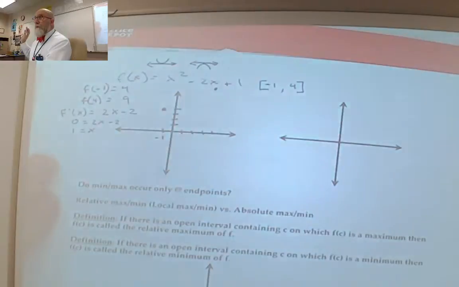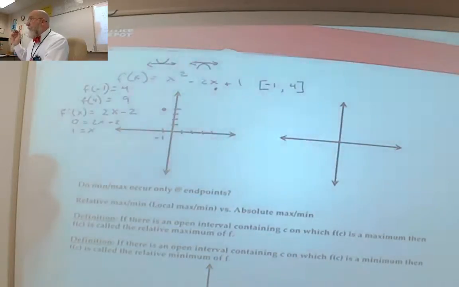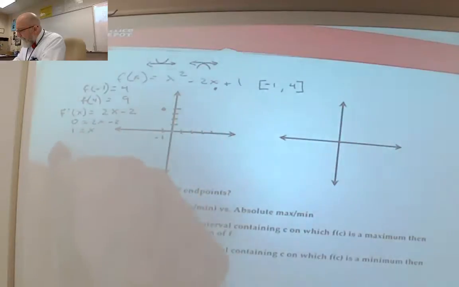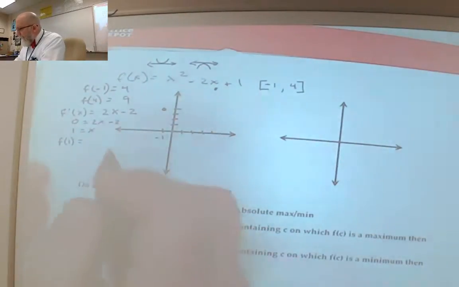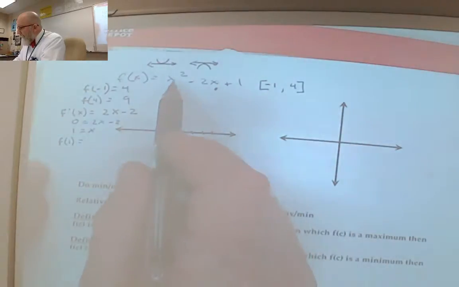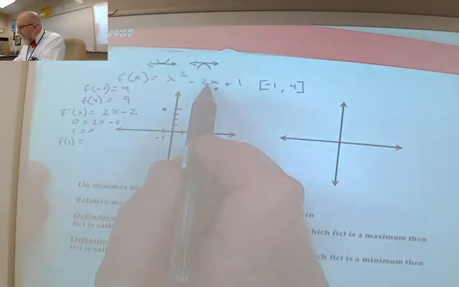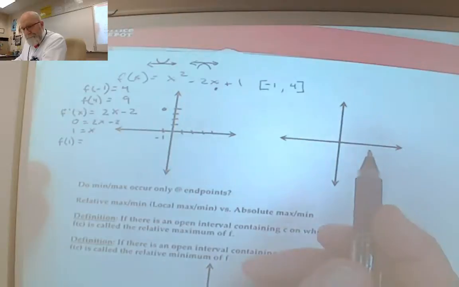Everybody fine with the algebra? So where x equals 1 has to be a turning around point, or has to have some type of horizontal tangent line, correct? And so what I'm going to do is plug in 1, because if I plug 1 into f, it gives me the y value. And what will I get here? I'll have 1 minus 2 plus 1. What do I get?